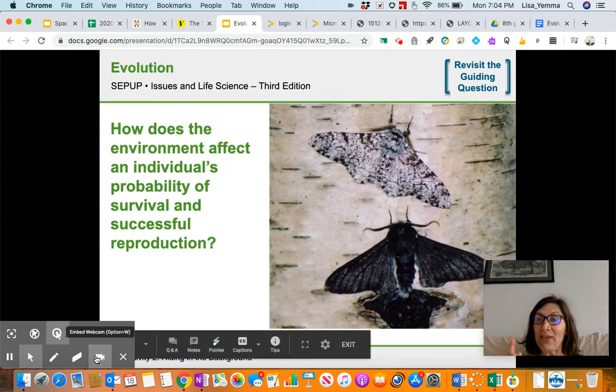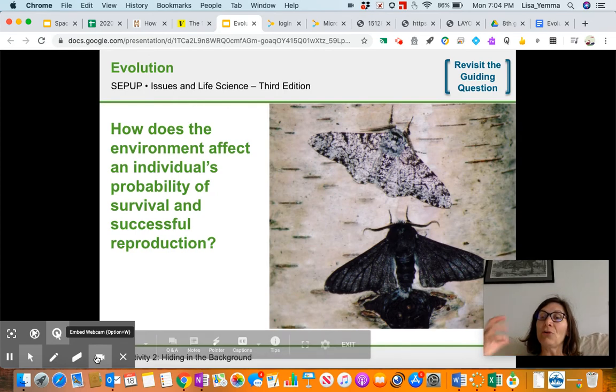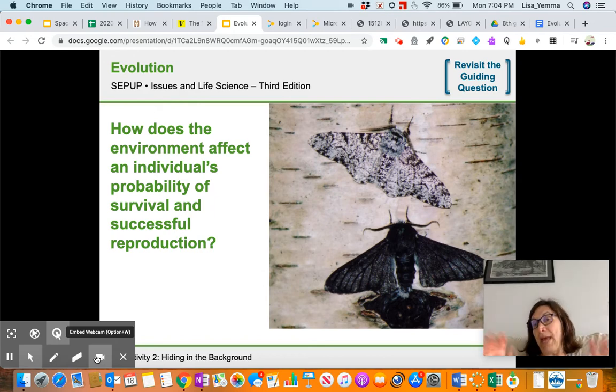This is an example that you saw and read about or watched in a video previously. We had a population of peppered moths, and those peppered moths were peppered because the trees growing in the environment were peppery white with black. Well, during the Industrial Revolution in England, people figured out that burning coal, we can make a lot of heat. We can get some energy.